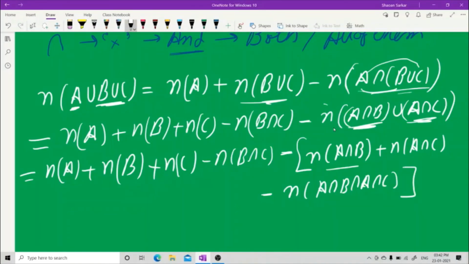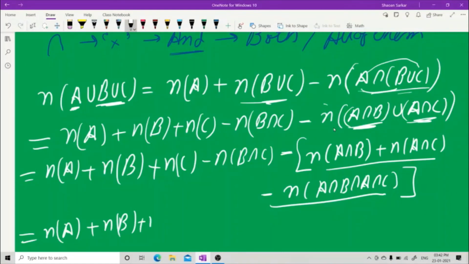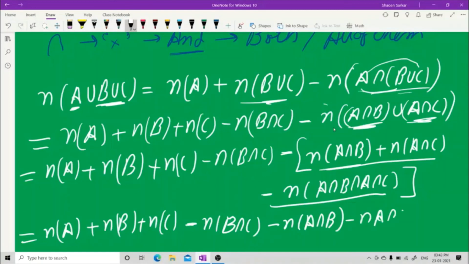Now open up the bracket: n(A) + n(B) + n(C), then minus n(A ∩ B) minus n(A ∩ C) minus n(B ∩ C), and this minus and this minus will become plus. A intersection A gives me A, with B and C I'll just get n(A ∩ B ∩ C). This is a very, very important formula and you need to remember this.